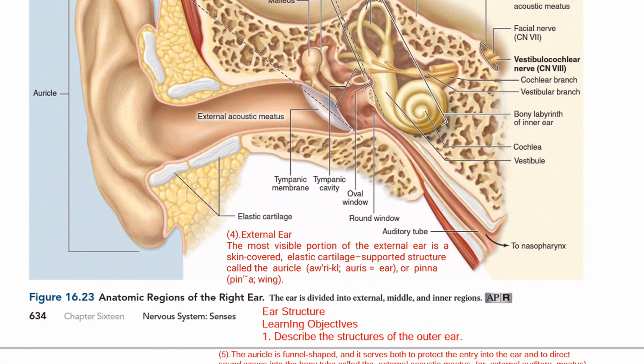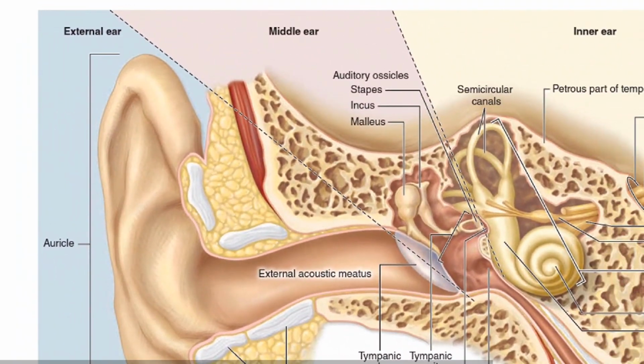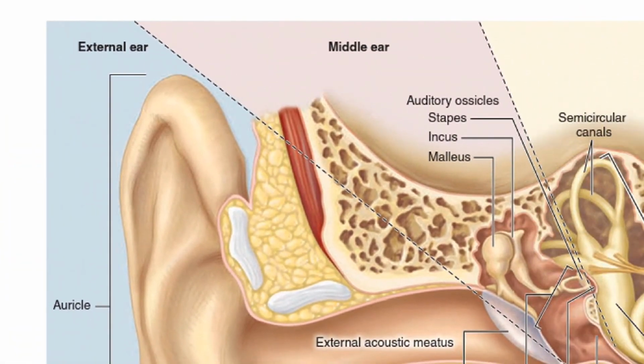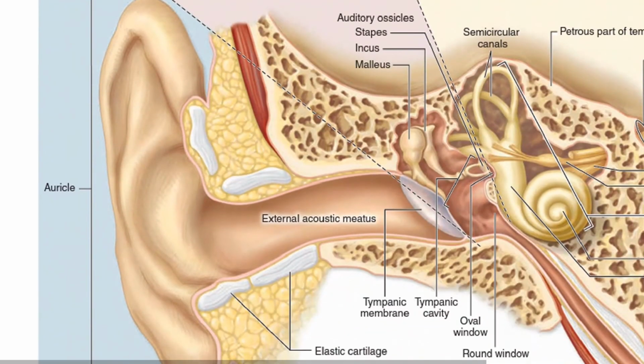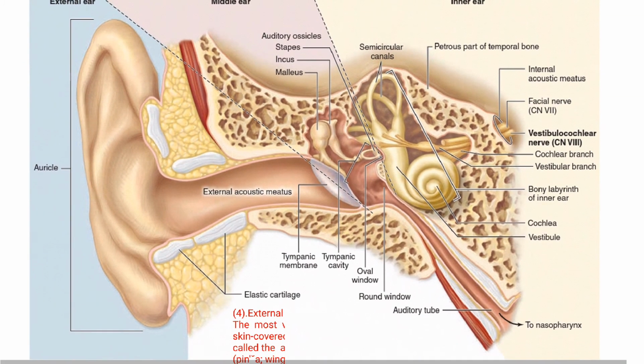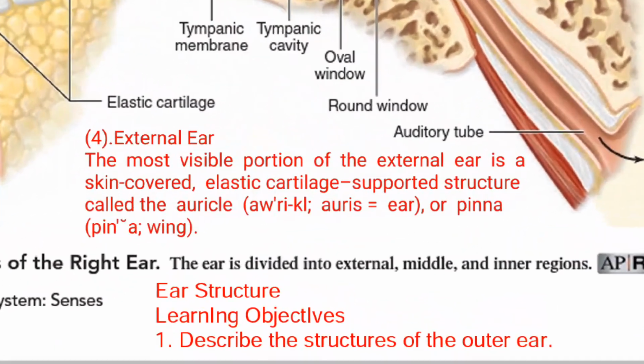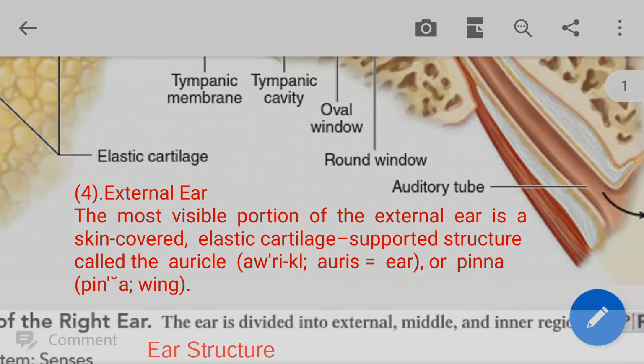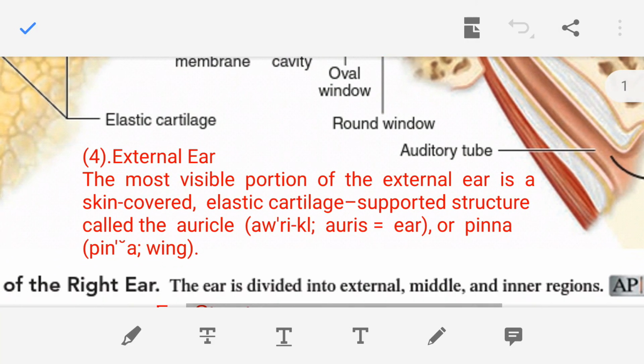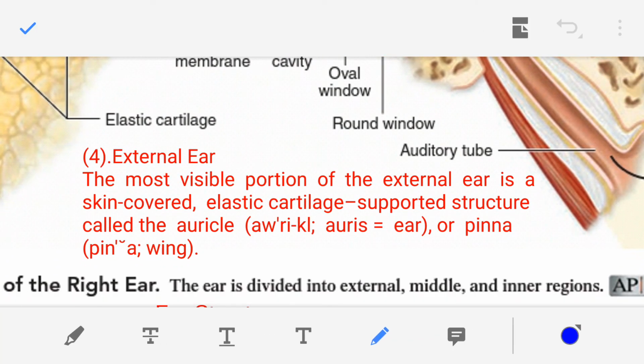Now the external ear, in this figure see this part, the name is written external ear. Now which are the structures that form the external ear? The most visible portion of the external ear that we can see from outside is known as the auricle or pinna.